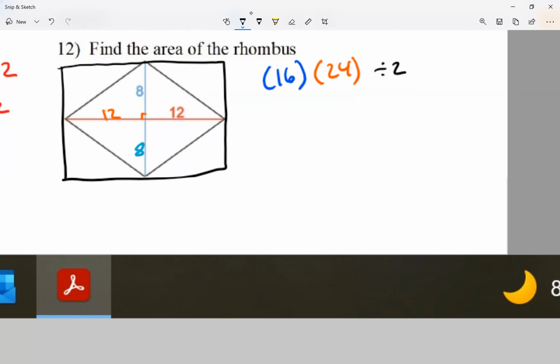The dotted segments, these two in the center, those are my diagonals. So 16 times 24 and then divided by 2. In this case, my answer is 192. Diagonal 1 times diagonal 2 divided by 2.